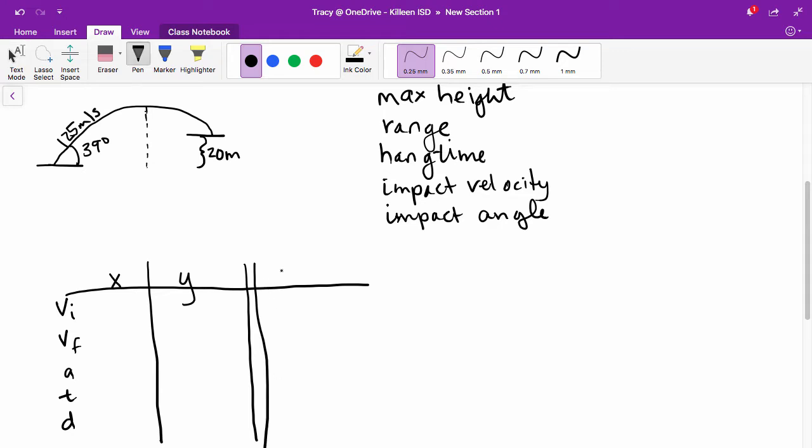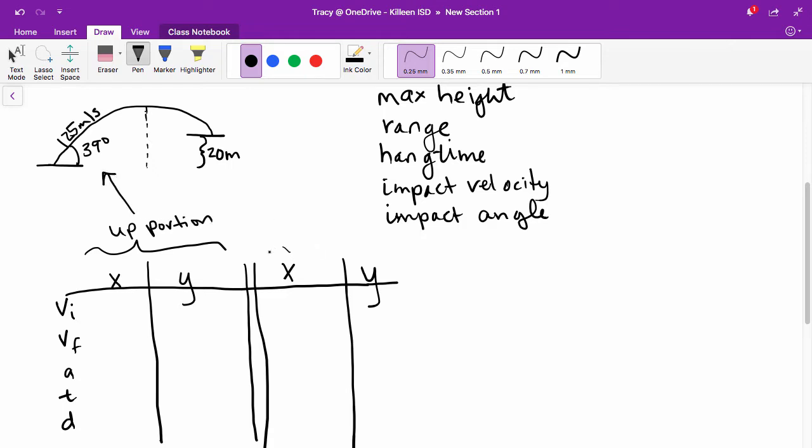And the second section is also going to be finding an X and a Y. And this section here is on the up portion. So that part. And this section is on the down portion. So after it reaches its max height, when it's on its way down.